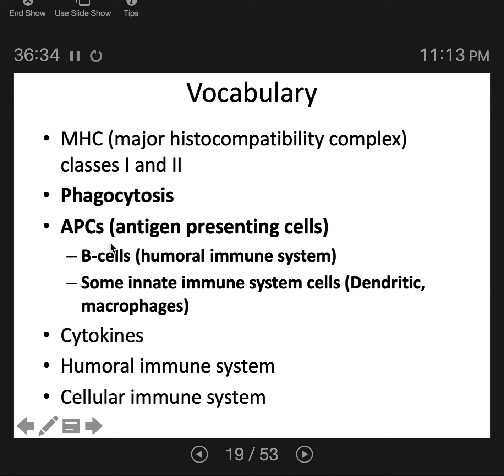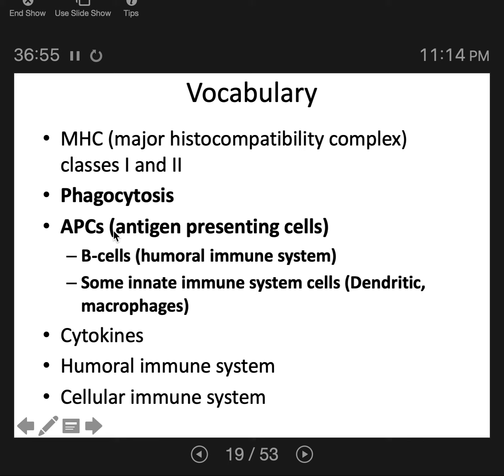Antigen-presenting cells, or APCs, are special kinds of phagocytes. So APCs are phagocytes that have MHC class 2s for presenting the heads of their enemies to the other immune cells. Some phagocytes ingest and digest, and that's the end of it.